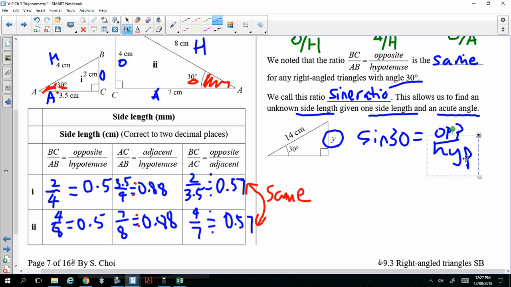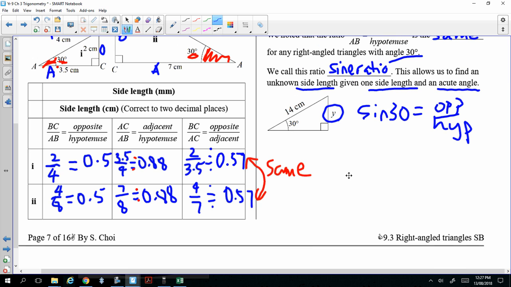So what's sine 30 again? 0.5. And that equals opposite, which is y, over hypotenuse. So now I could figure out what y is, because I know sine 30 is 0.5. So you go y equals 14 times 0.5. The answer is 7 centimeters.